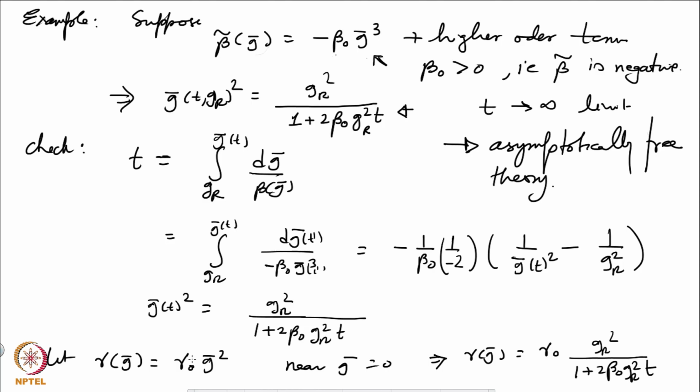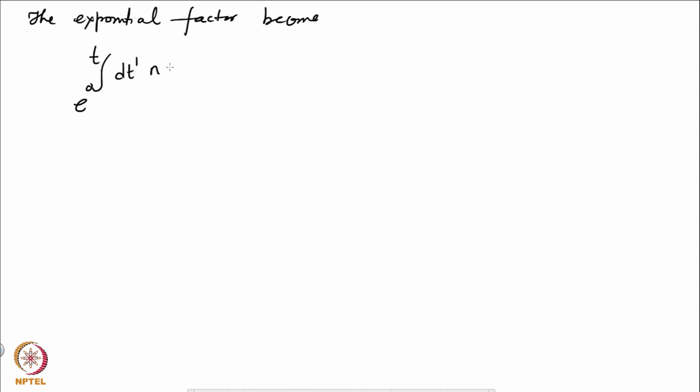So what does the exponential factor become then? So the exponential factor becomes e to the integral from 0 to t dt prime of n d plus gamma.